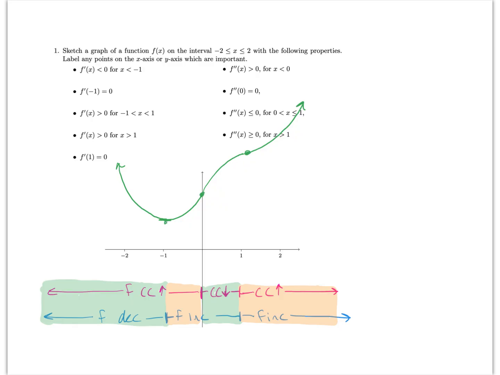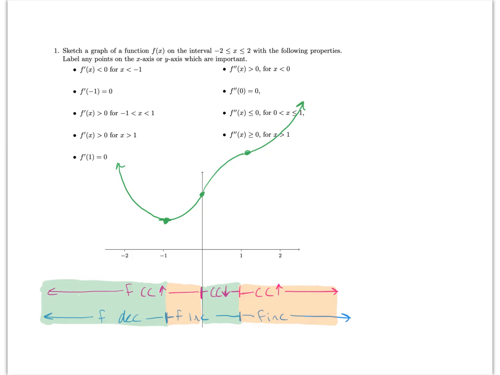So these are sort of important points: -1, 0, and 1. F prime of -1 equals 0, which means a horizontal tangent line. And f prime of 1 is 0. That means we're supposed to have a horizontal tangent line here. I didn't quite make that clear.